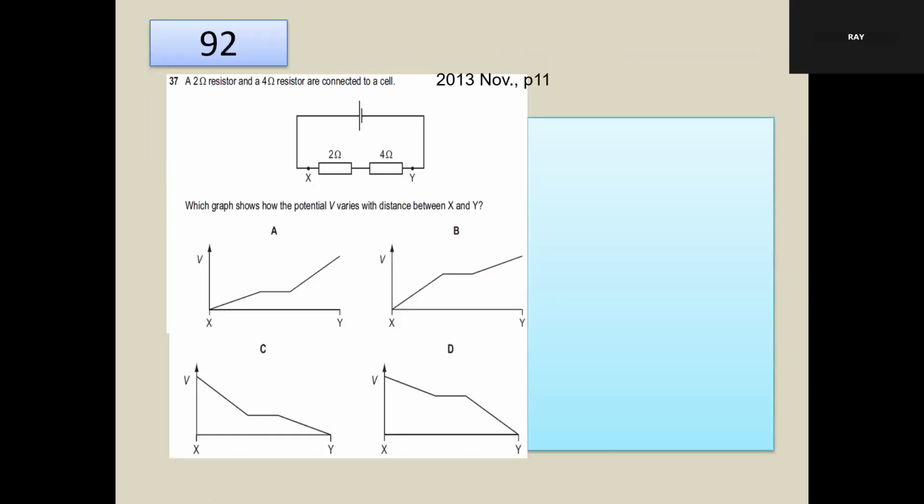How about this one? X is high potential.